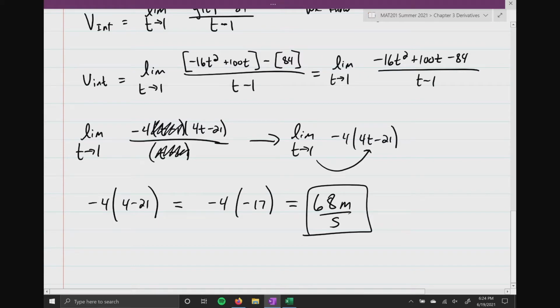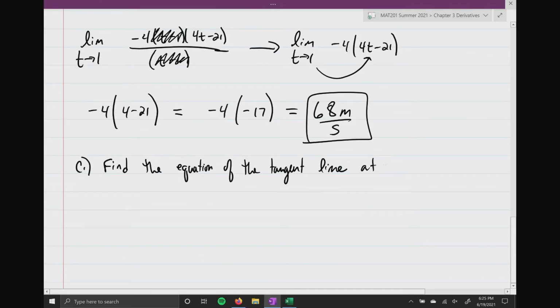So there's part B. Now part C said, let's go ahead and find the equation of the tangent line at t equals 1.